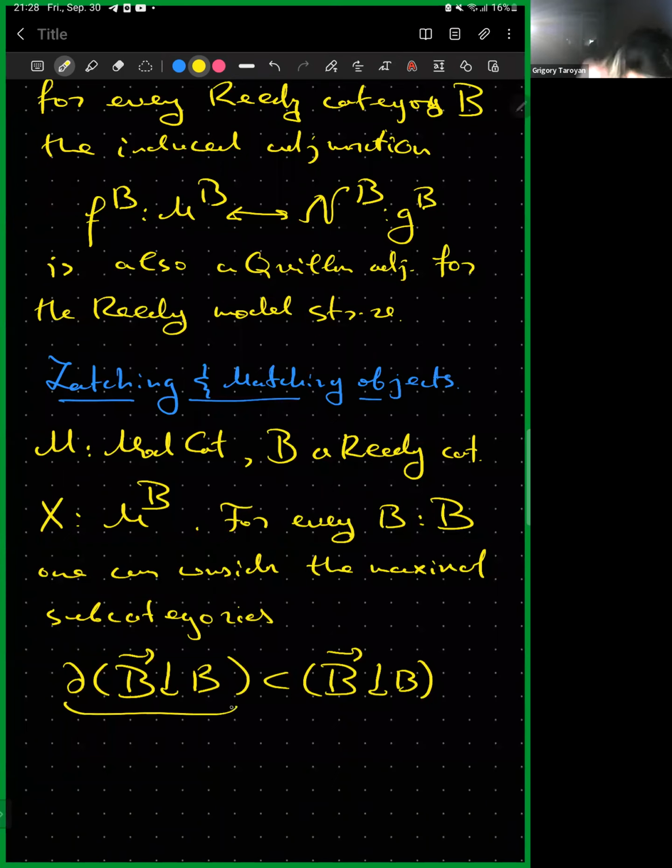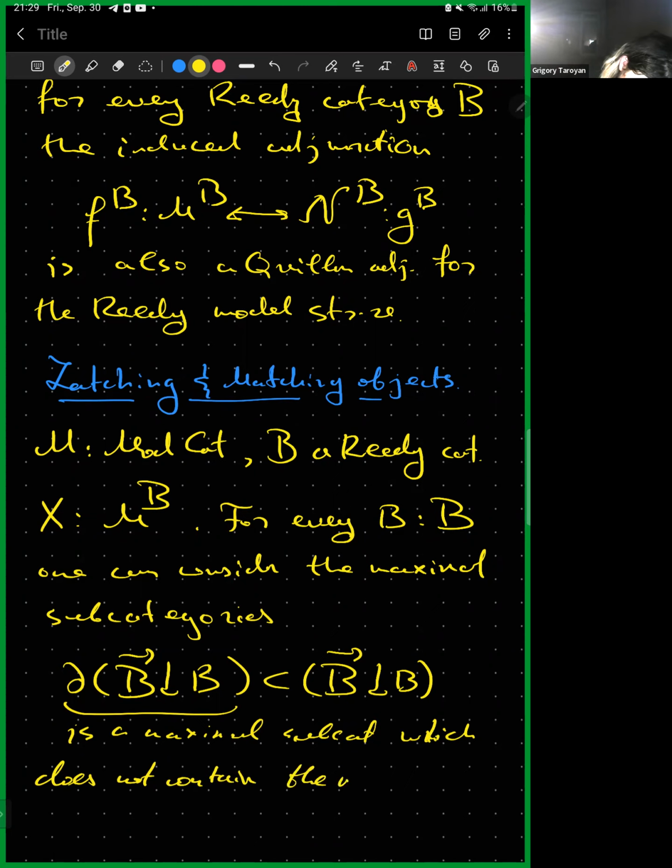So this thing here is a maximal subcategory which does not contain the map 1_D.